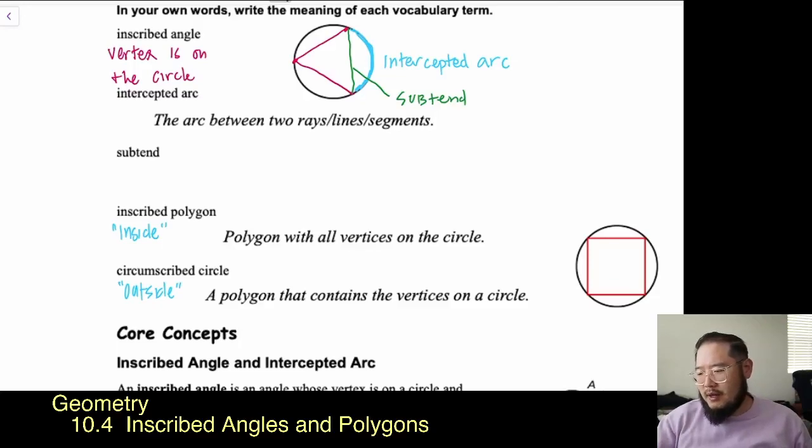It's almost the same thing as inscribed. But the difference is that when I say the polygon has been inscribed, it is inside of the circle. When I say circumscribed circle, that means the circle is around the outside of the polygon. But in the end, it does describe the same thing. It's just presented differently.